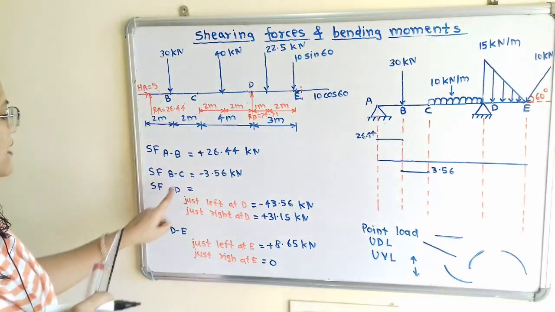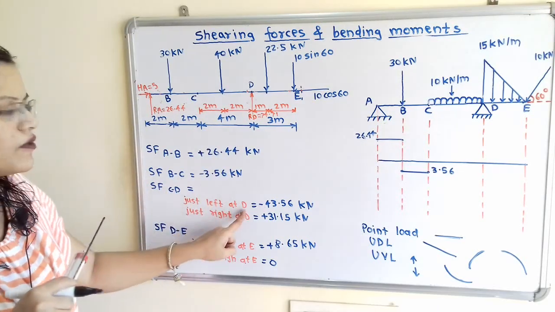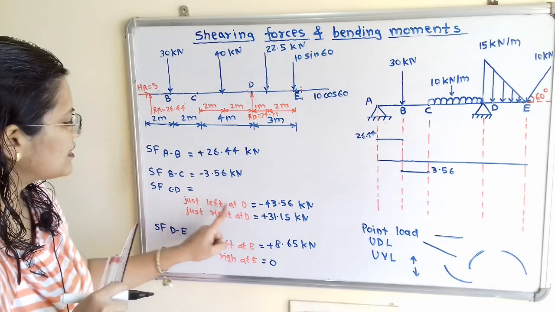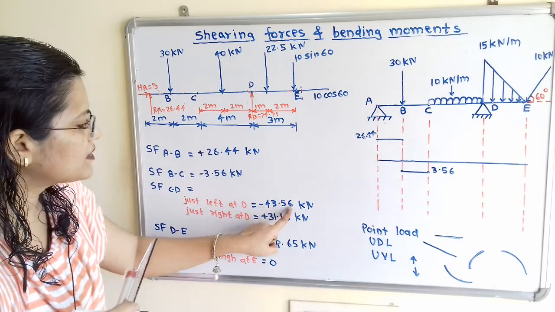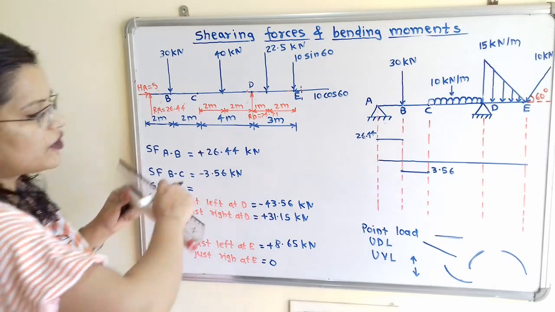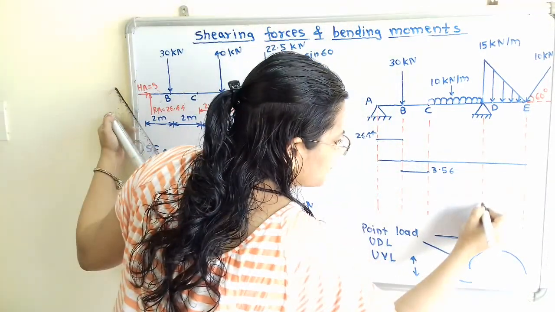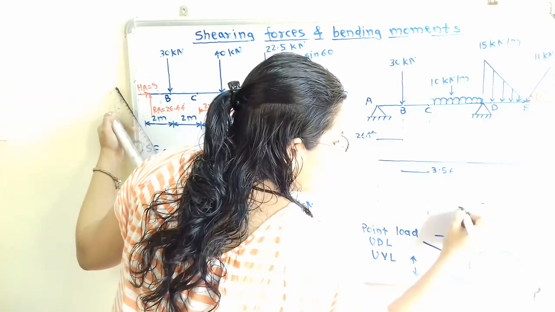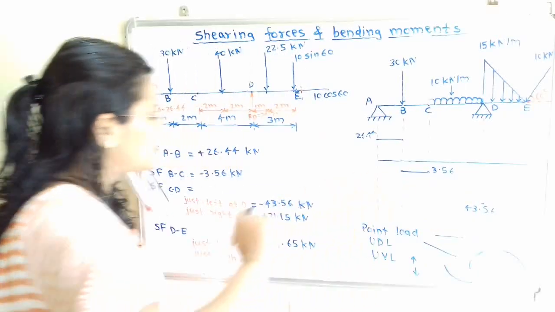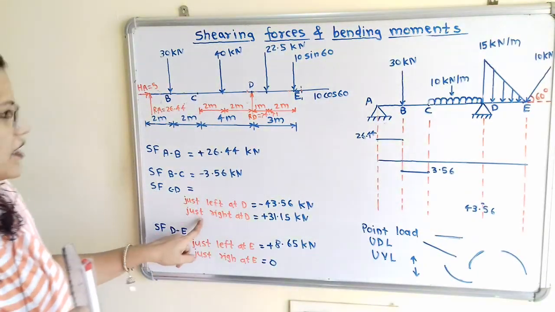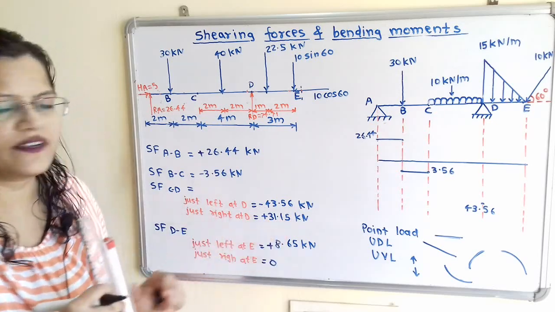Now we will move to the next, CD. So if we observe, we have to take the point just left hand side of D. So it is minus 43.56. So we have to plot here minus 43.56. Because of the negative sign we have to plot this point in the downward direction, and just right at D, it is plus 31.15.